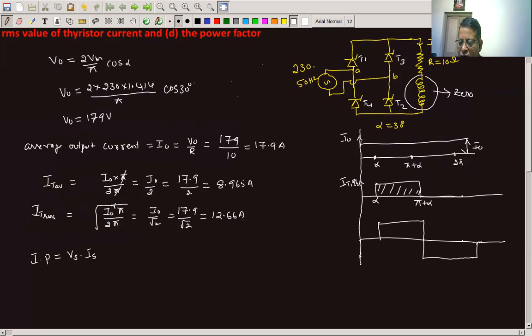So here, this is alpha, this is pi plus alpha, this is 2 pi plus alpha. On the x-axis, you have taken omega t.